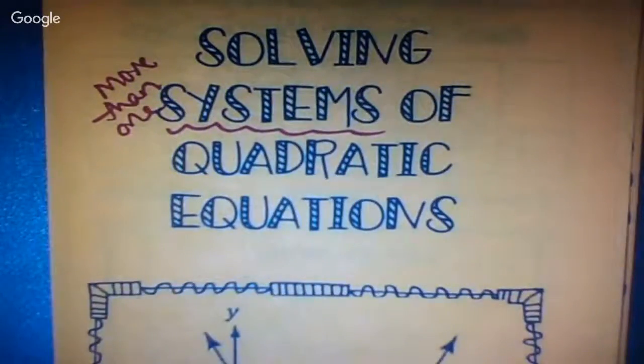Last year you looked at more than one linear, which means more than one line. You had a picture that looked like this. What was the solution to this picture? No solution. Why? They don't cross. There's no solution here.